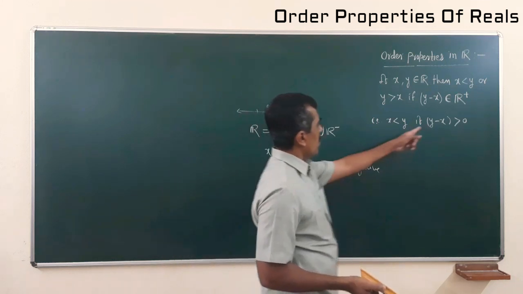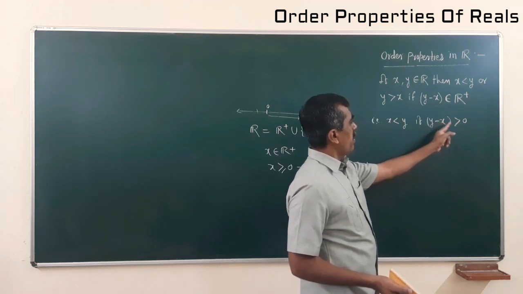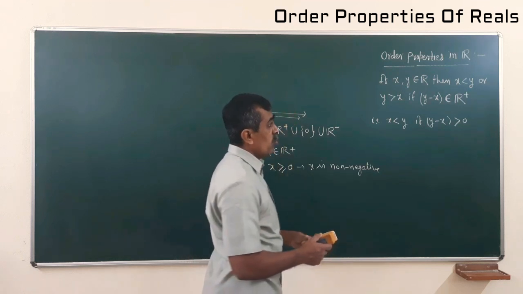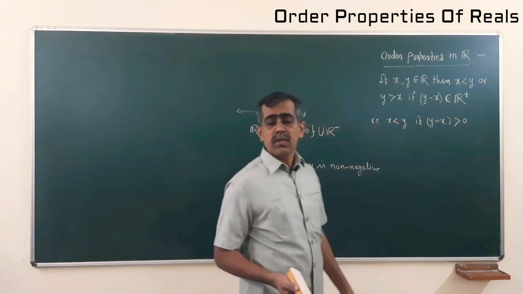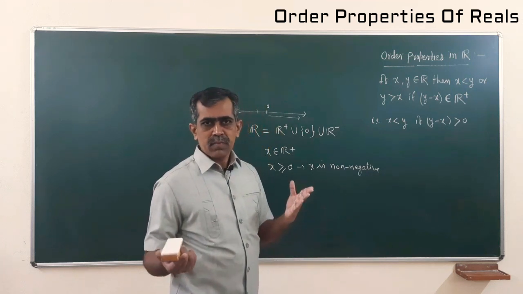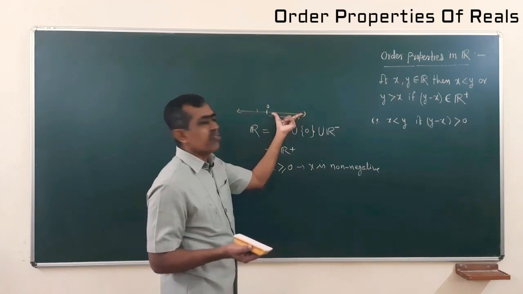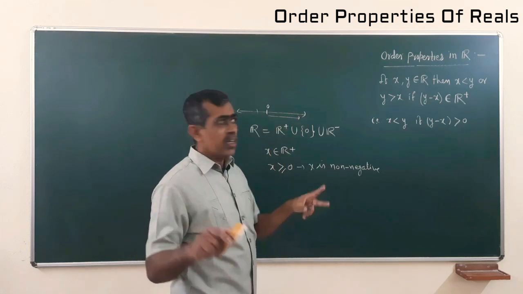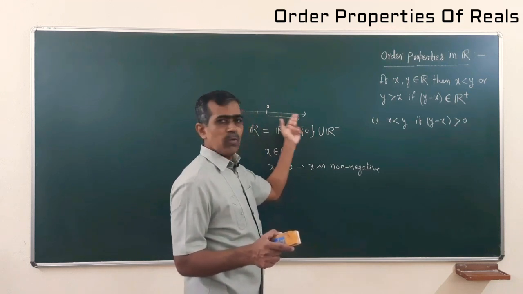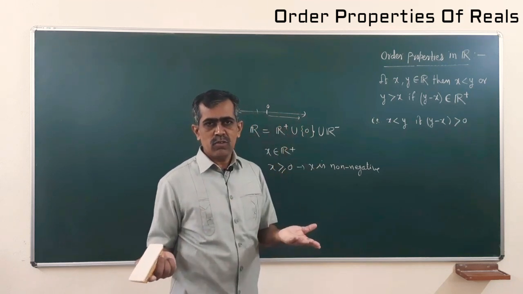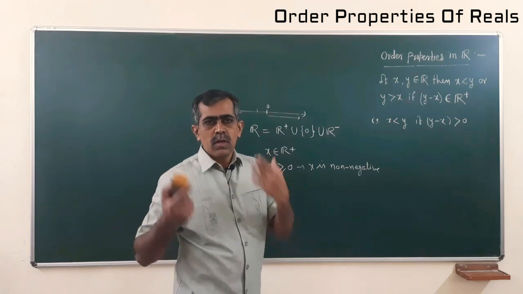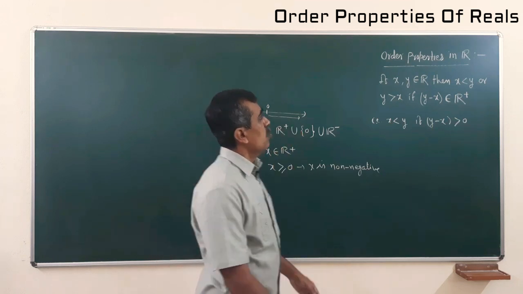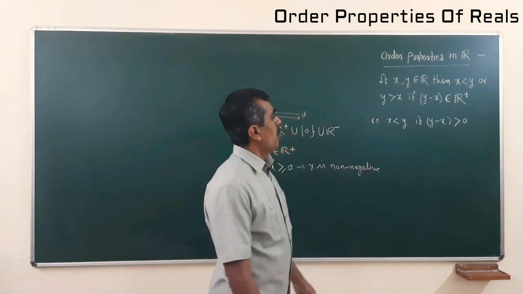Now y minus x greater than 0 means y minus x belongs to R plus. Also I have told you the properties of this set of positive real numbers. R plus is closed with respect to addition, means if you take any two positive real numbers, then their sum is also a positive real number. Then their product is also a positive real number. So that is known to you from the definition of order relation.